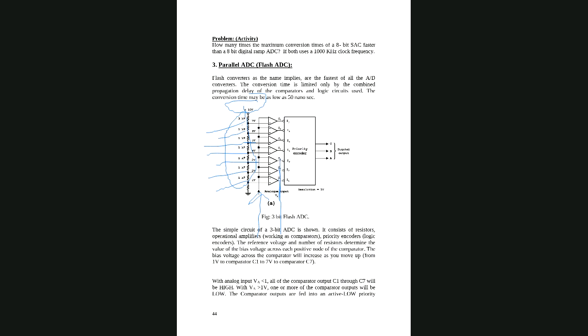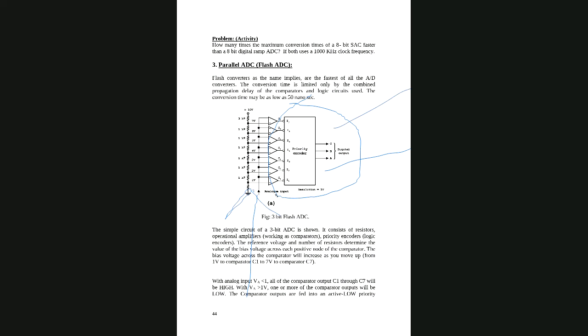Now the last step. I find out the comparator output. Now the last step is, depending upon the comparator output, what will be my digital output. Because eventually I have analog input, and I have to find the digital output.